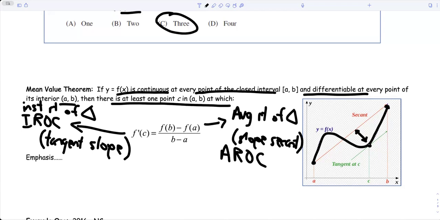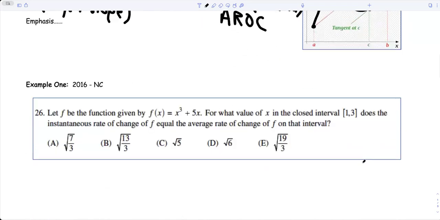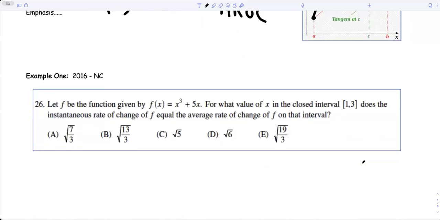Let's look at an example. Let f be the function given by f of x is equal to x cubed plus 5x. For what value of x in the closed interval from 1 to 3 does the instantaneous rate of change, IROC, of f equal the average rate of change, AROC, of f on that interval? Okay, so can you find the instantaneous rate of change right now?